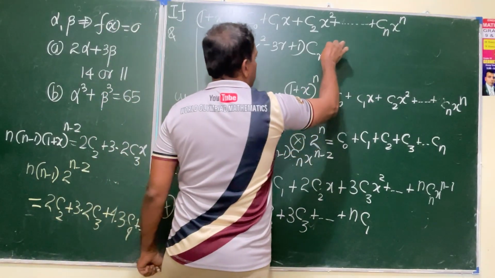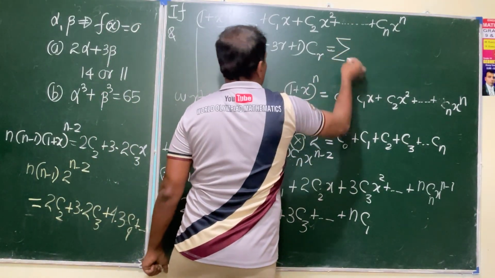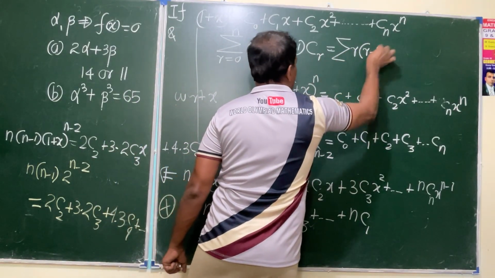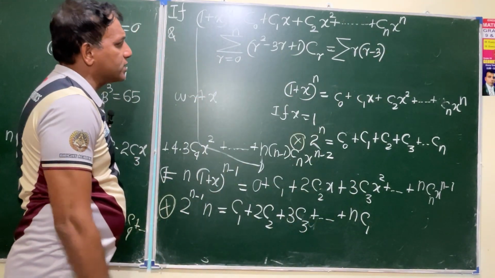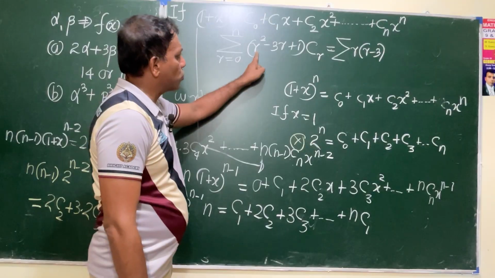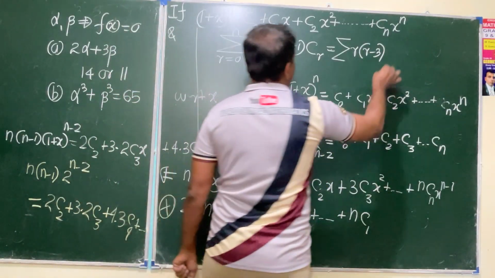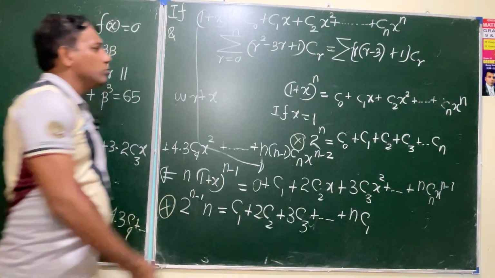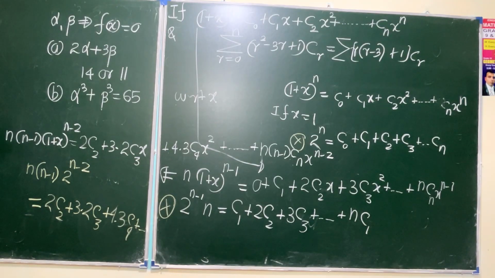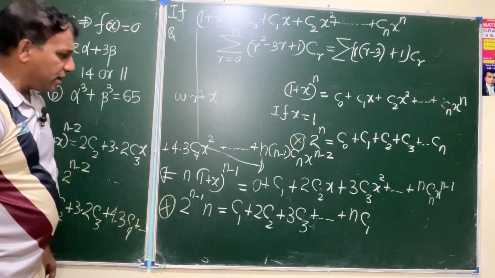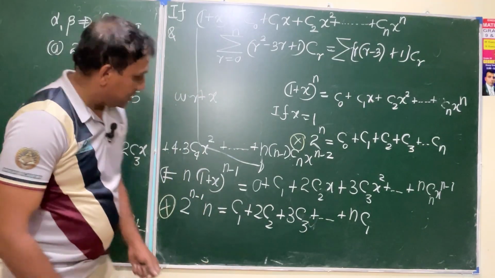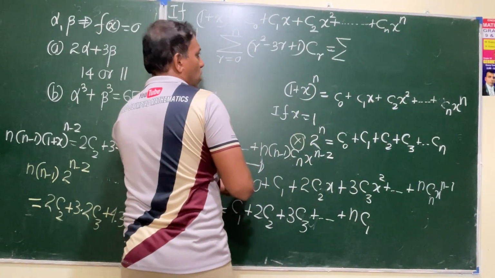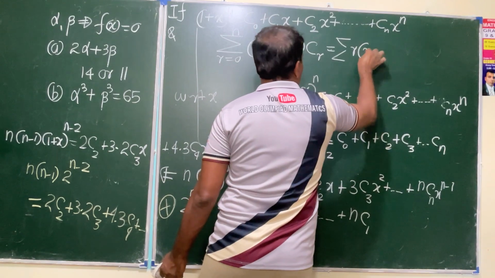So can I write this as sigma of r squared minus 3r plus 1, completely times Cr? I take the r out, it becomes r into r minus 1, but we have r minus 1 here. See, the polynomial pattern is r minus 1 now. Can I write this as r into r minus 1?